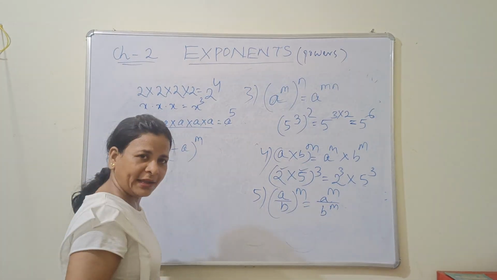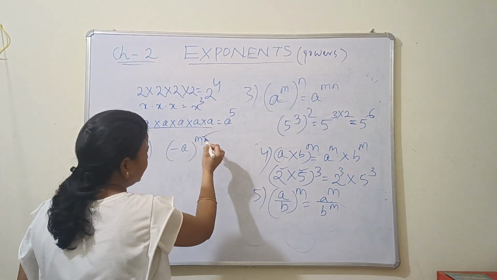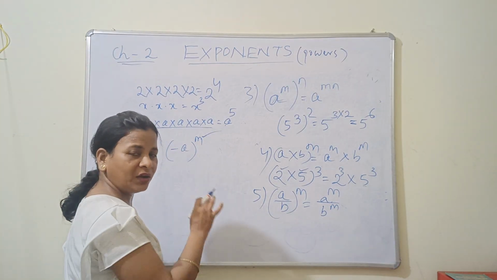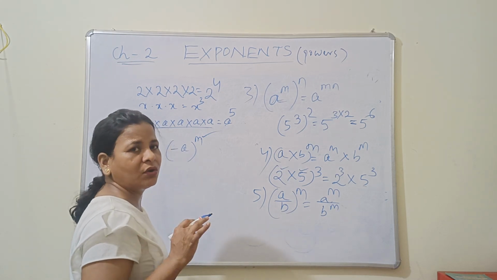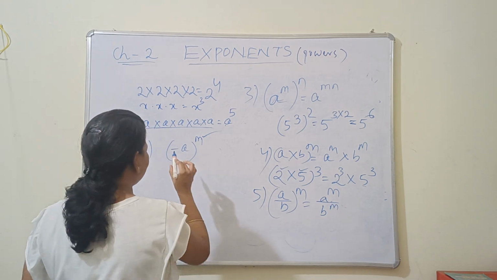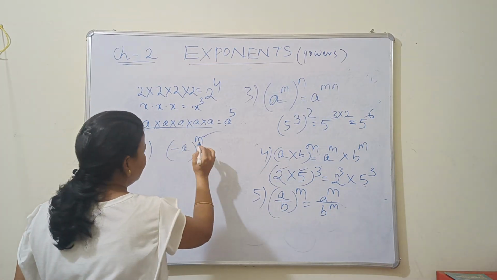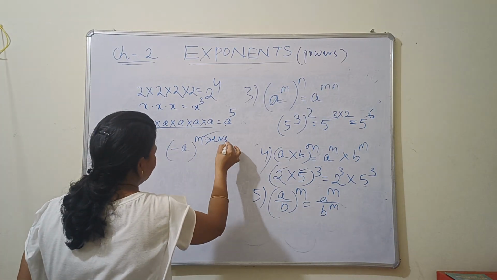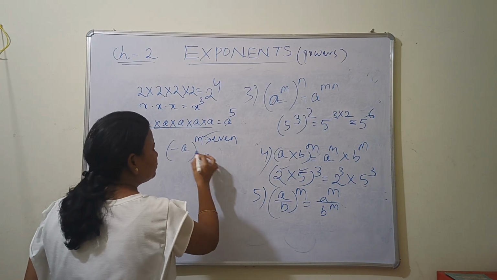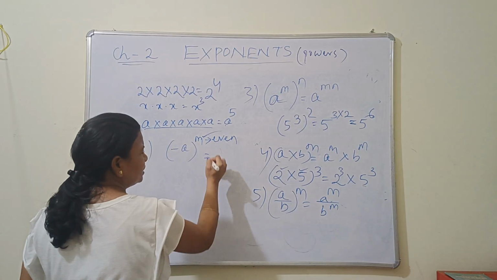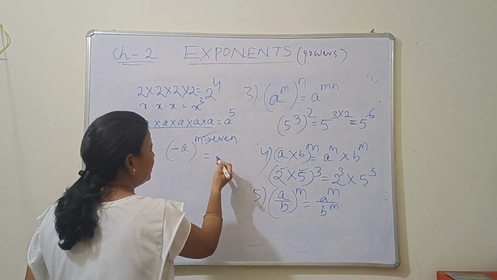When m is even, the answer would be something different than when m is odd. So when this is a negative number, and its power is even, in that case the answer would be positive. If the power is even, then the answer would be positive.